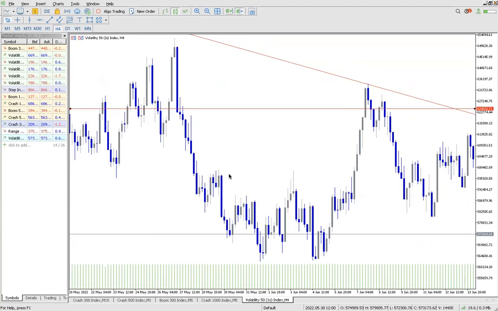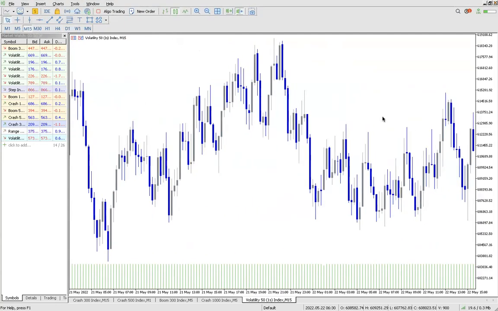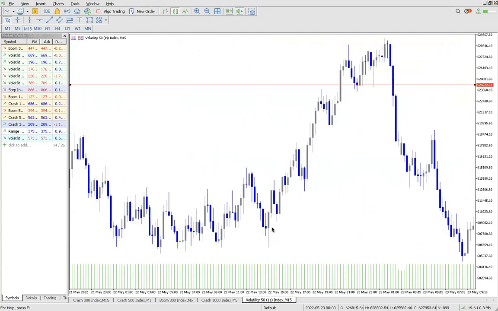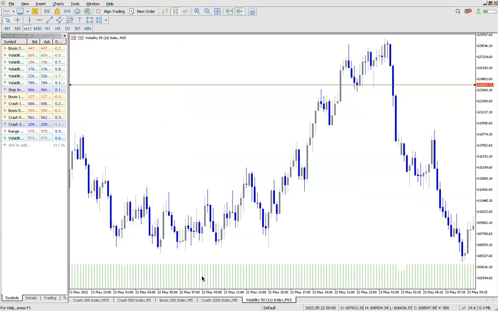But always use stop losses that come from a smaller time frame, which is your M15. Sorry, that's our system working here. So if I buy from here, then my stop loss is here, and so on.